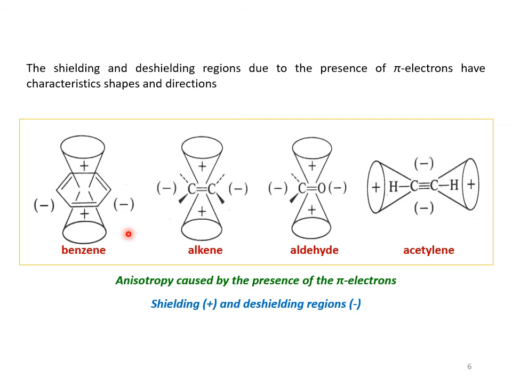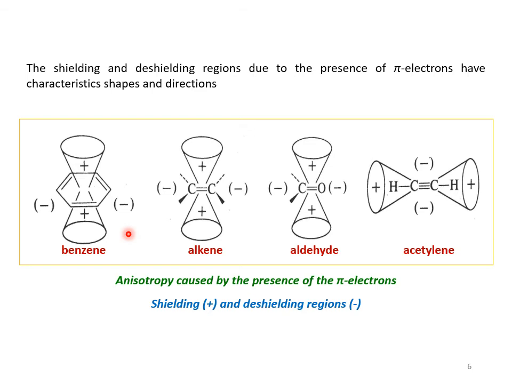So in the nuclear shielding and de-shielding effect, the main thing you have to remember is the chemical shift is dependent on the electronegativity, hybridization effect, and magnetic anisotropy. We know that the shielding of a proton from the external magnetic field is dependent on the electron density around the proton.